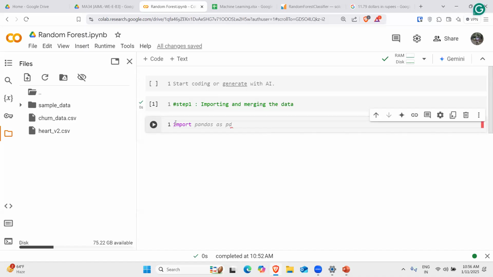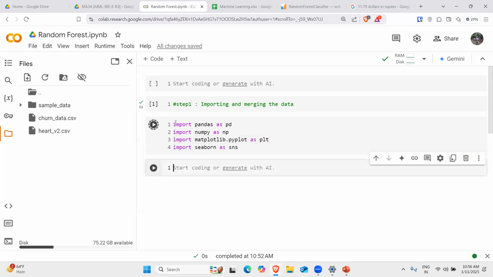So we are importing pandas as pd, numpy as np, matplotlib.pyplot as plt, seaborn as sns. Then we are going to read the CSV file and put it into a df object.